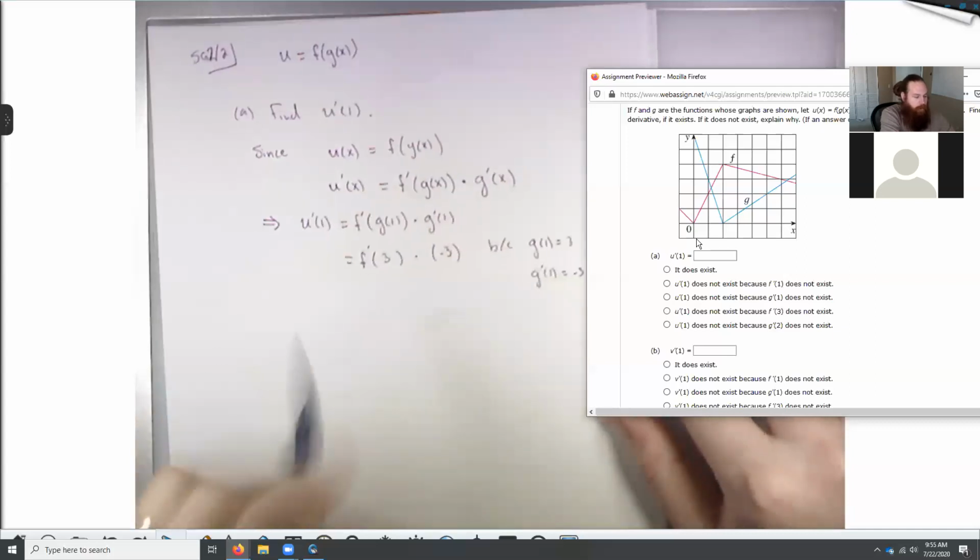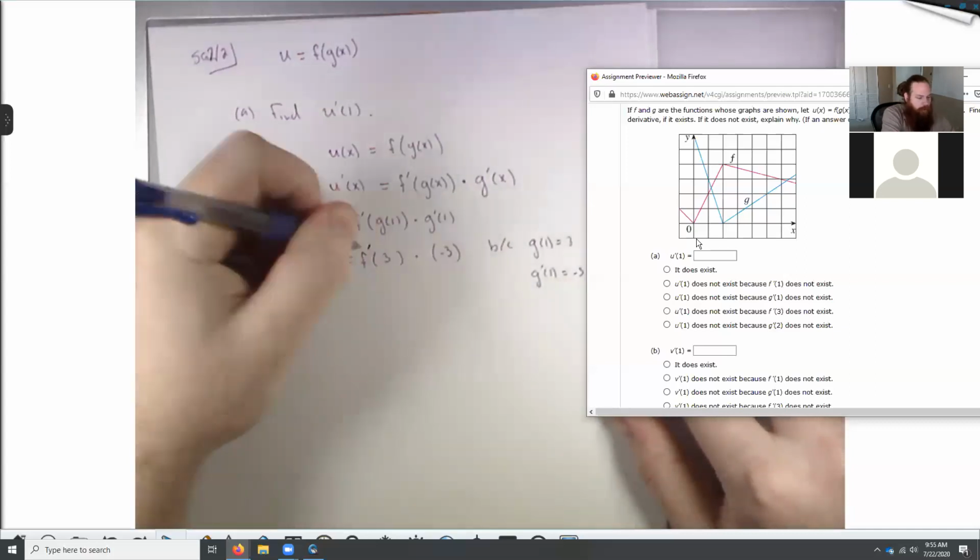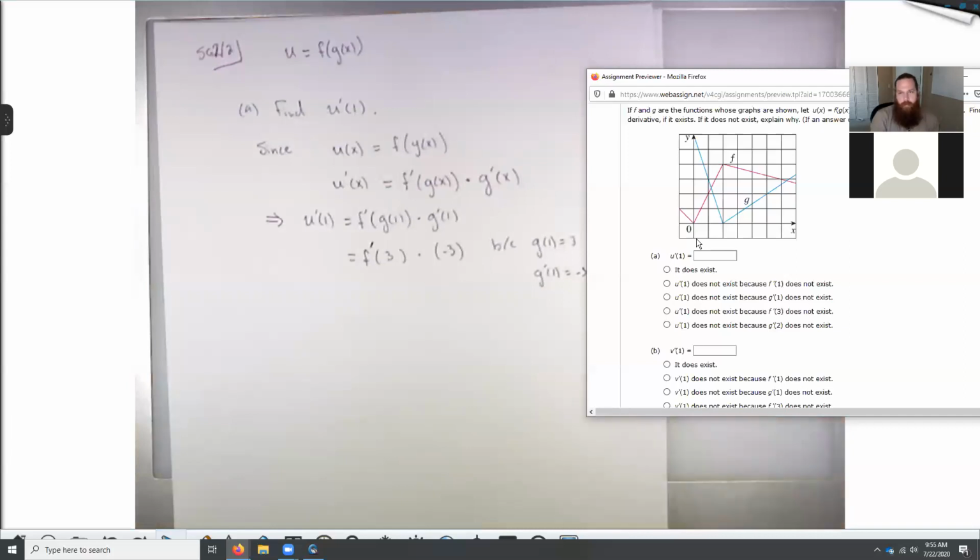And now the last thing I need to do is figure out f primed of 3, which I also get from the graph. So I look on the red graph, the graph of f. I come out here to x equals 1, 2, 3, and I need to sort out the slope here. So the slope here is the same as the slope anywhere else in this portion of f, because f is piecewise linear.